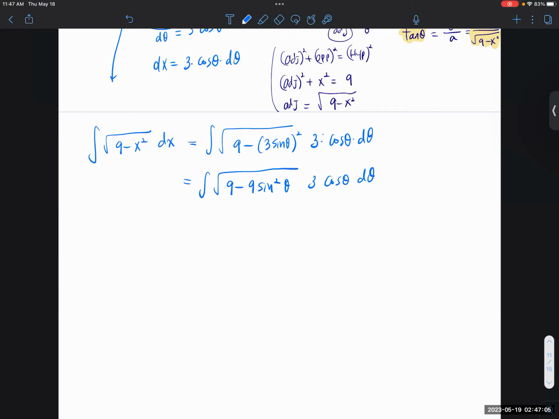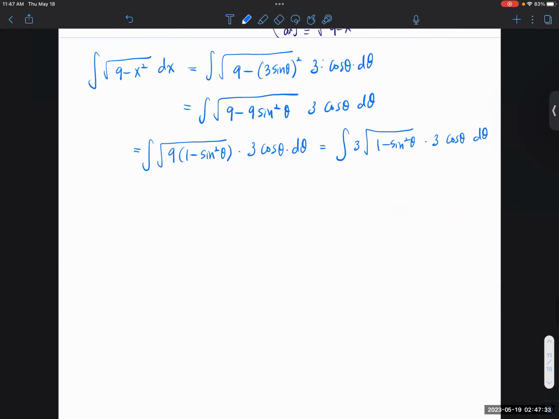So now you see the pattern of what is going to be happening. There's a common factor, 9 times 1 minus sine squared theta, 3 cosine theta d theta. Radical 9, that's going to be 3, correct? And then we have radical 1 minus sine squared theta, 3 cosine theta d theta.